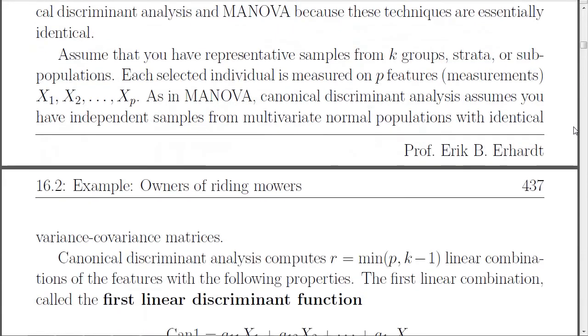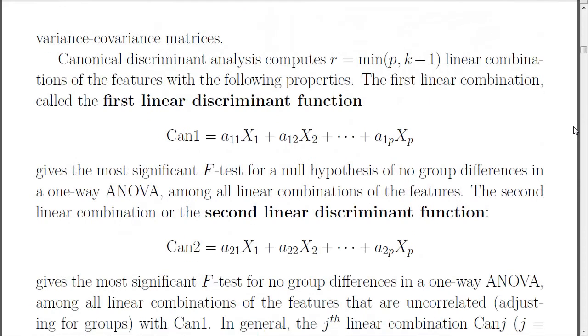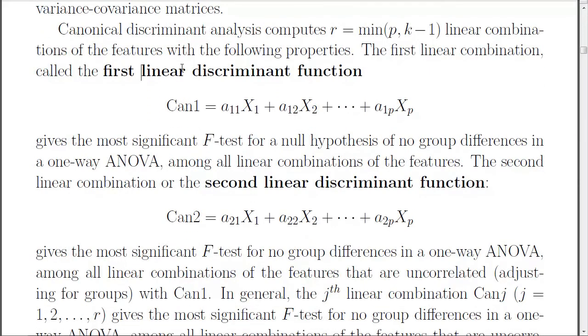All right, so that is pretty much what those paragraphs said. The first linear discriminant function, which I'm calling canonical 1, is the linear combination of the original features that gives the most significant f-test for a null hypothesis of no group differences in an ANOVA.